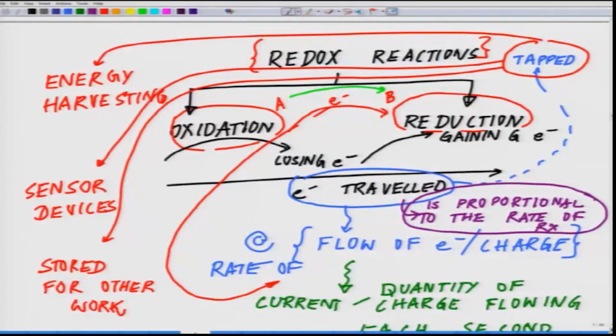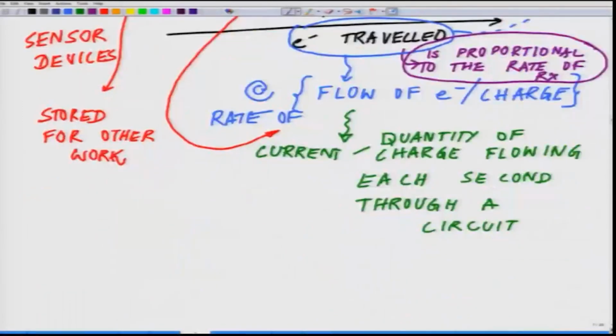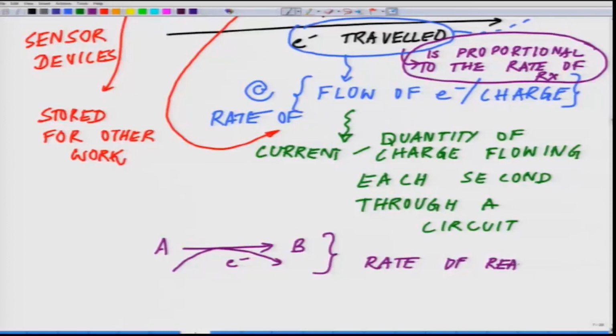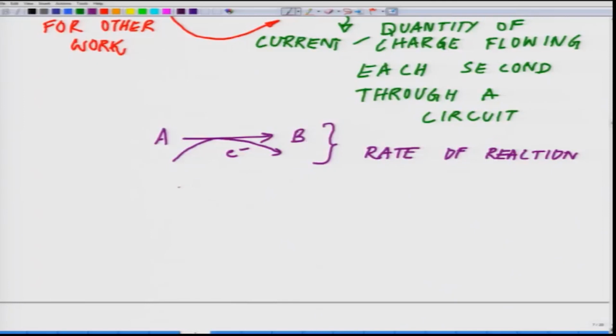So, what is the amount of reaction taking place? The take home message is that if a reaction is taking place and there is a flow of electron, that indirectly signifies the rate of reaction happening. This part is extremely essential because we will be dealing with this in terms of the numericals as we move forward.